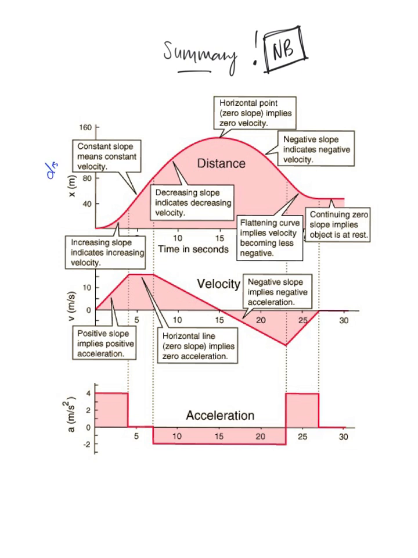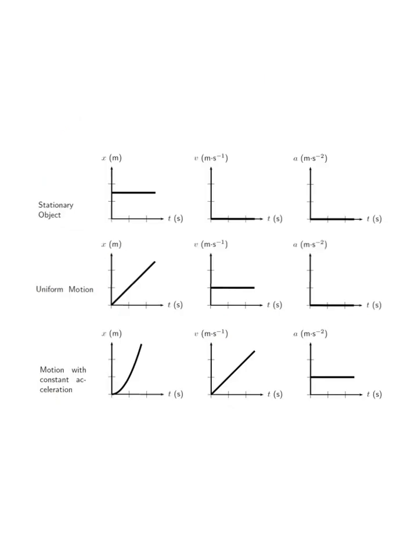I've got the displacement versus time graph here, I've got the velocity versus time graph here, and I've got the acceleration versus time graph here. Right, the next part of the summary is also a very important one because it takes all the graphs and gives you an overall view.